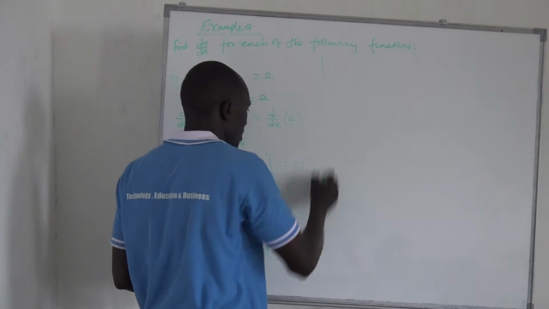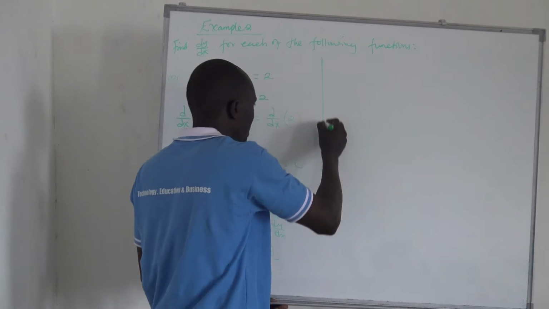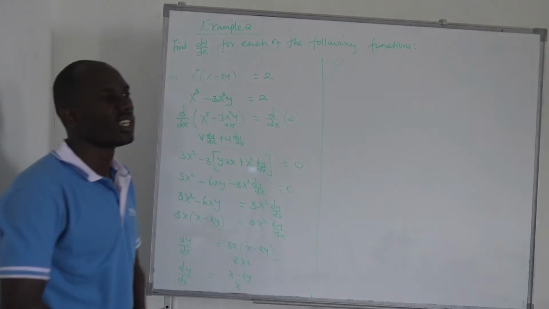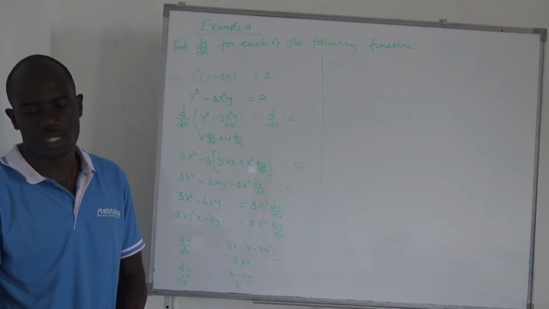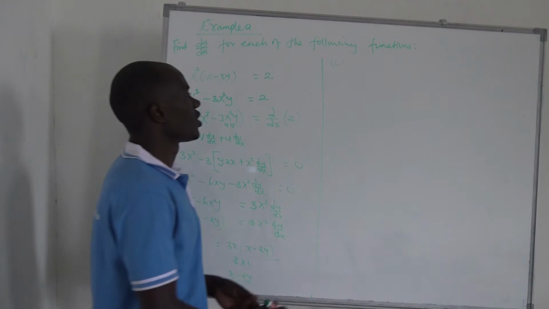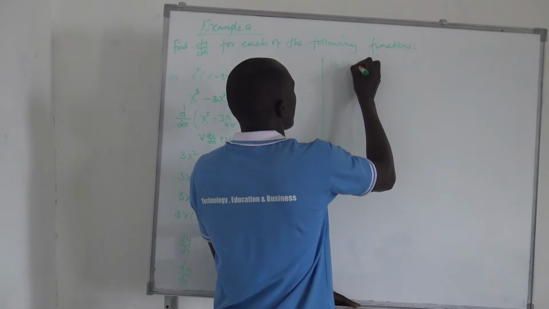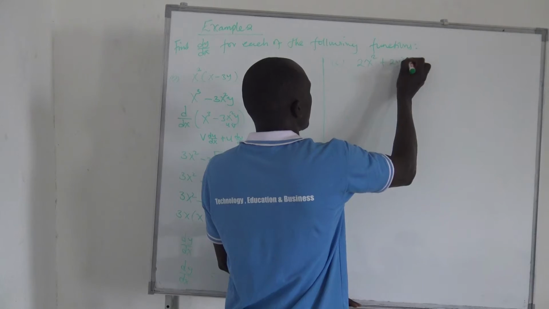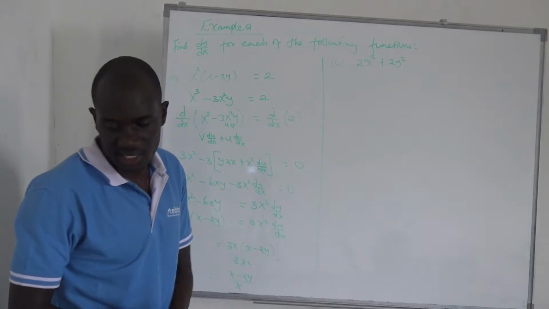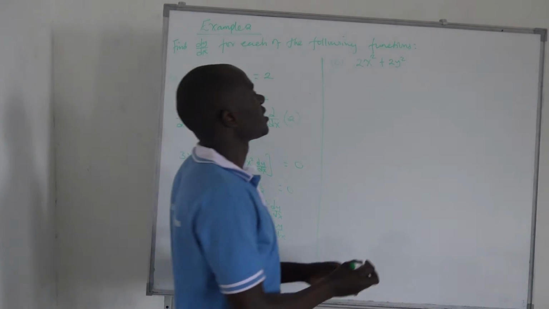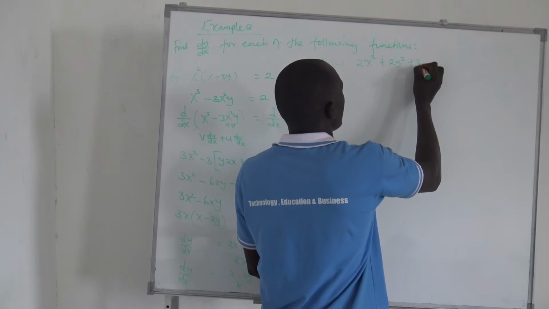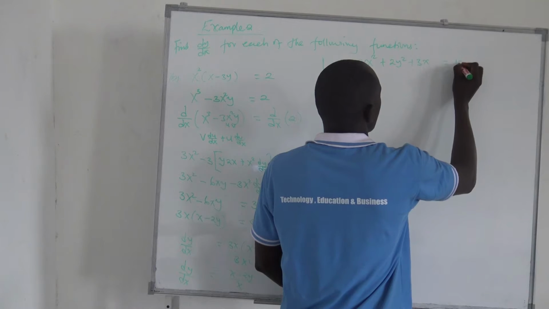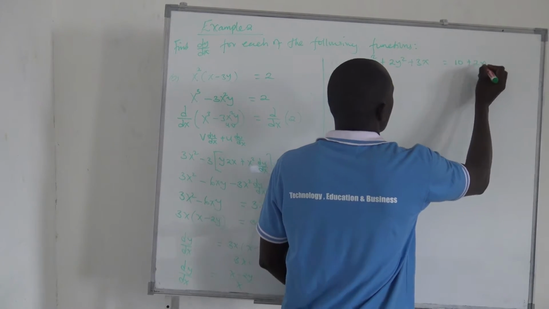That was part B. We want to look at part C. What is part C saying? Part C goes 2x squared plus 2y squared plus 3x equals 10 plus 2y.